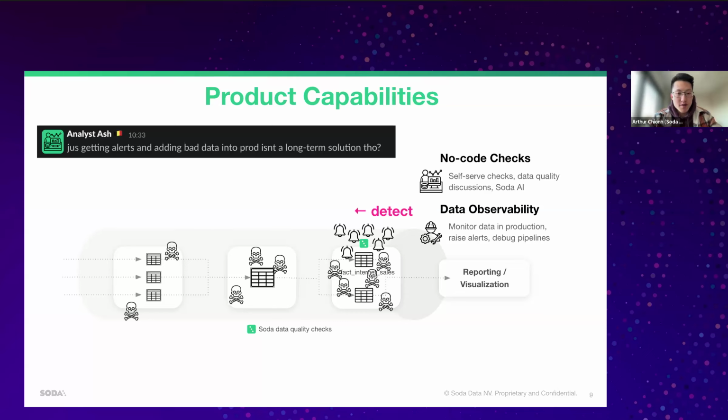But there are two key limitations when it comes to this purely detection approach to data quality. As you can see from that comment from analyst Ash, in the first instance, if you see all the notification bells, there is this very common occurrence of notification fatigue, where users keep receiving alerts of bad quality data without actually knowing where, why, or how such bad quality data should be fixed once and for all.